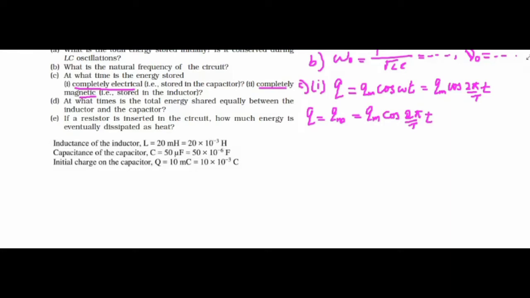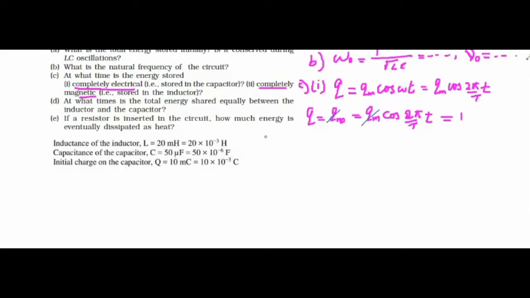Now Qm will be cancelled, so that you will get cos 2π/T times t equal to 1. Which means, what should be the value of small t so that the value of cos is 1?